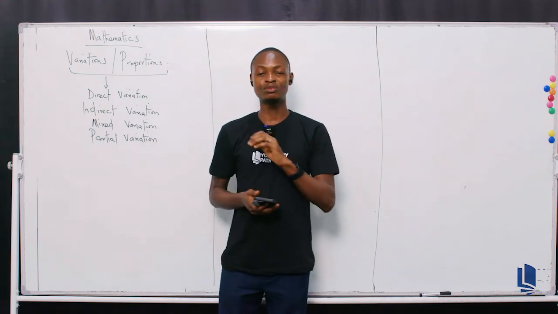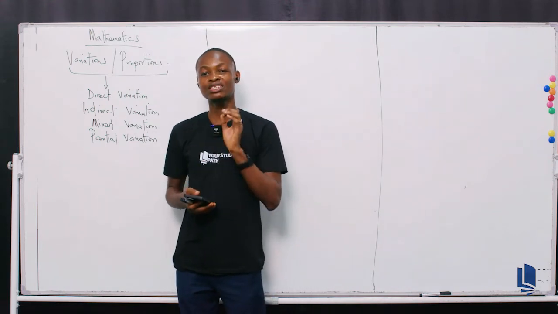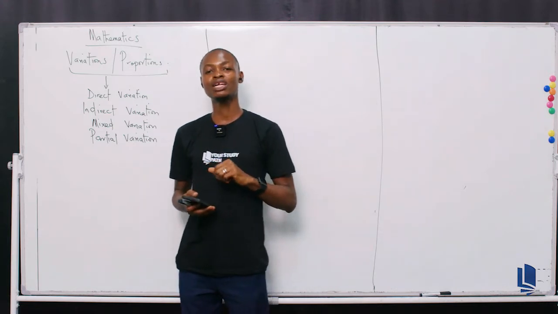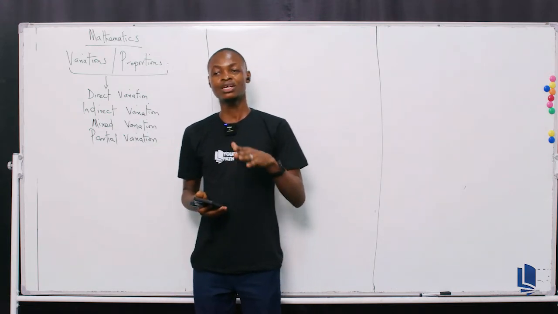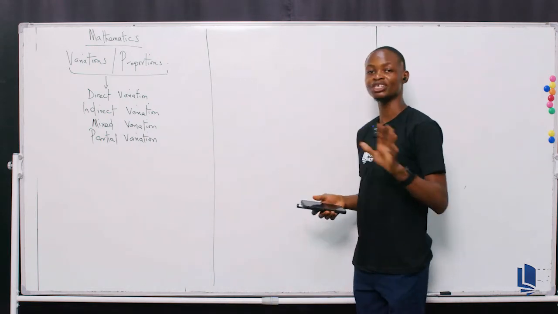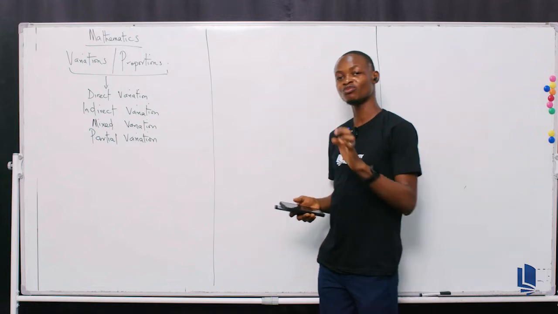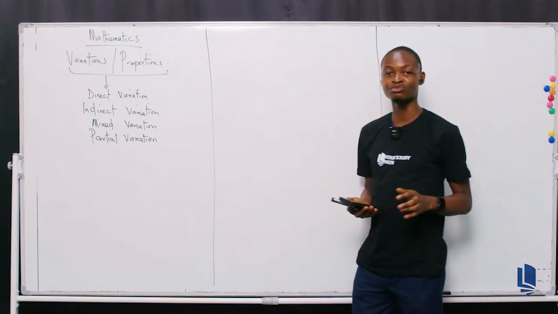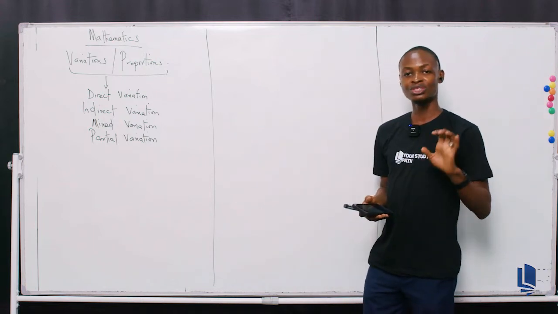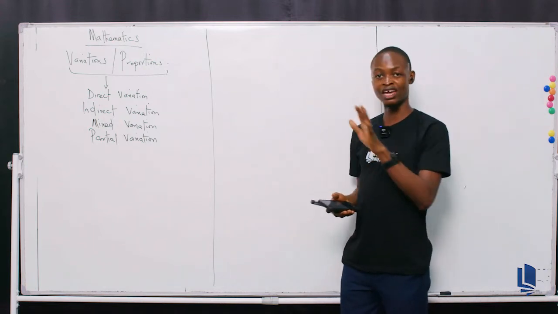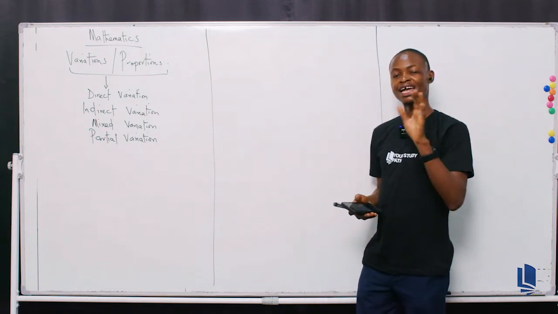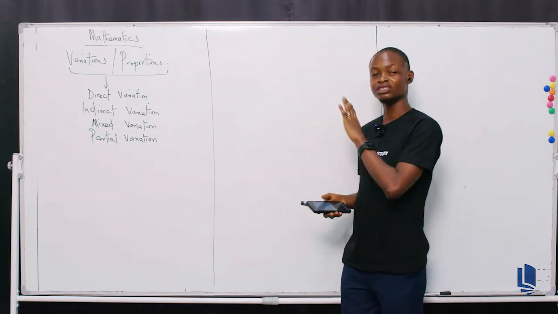This is one of the most important real-life concepts that variations serve to cover. Now, let's look at direct variation, indirect variation, mixed variation, partial variation. Let's look at them one after the other. We will solve questions on them, and we will look at the relationships, if any, that exist within this concept.